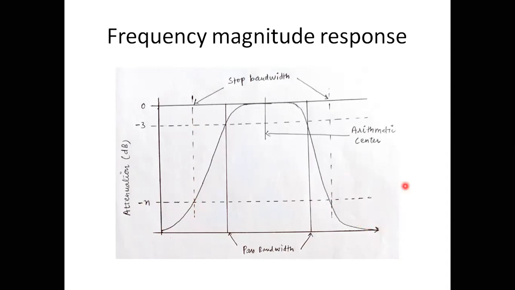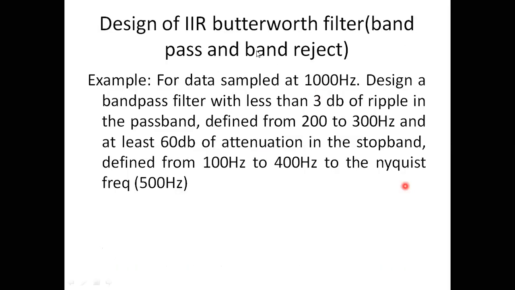From the given question, minus 3 dB is the pass band gain, meaning KP is 3 dB, and that pass band is defined from 200 to 300 Hz. So FP1 is 200 Hz and FP2 is 300 Hz.